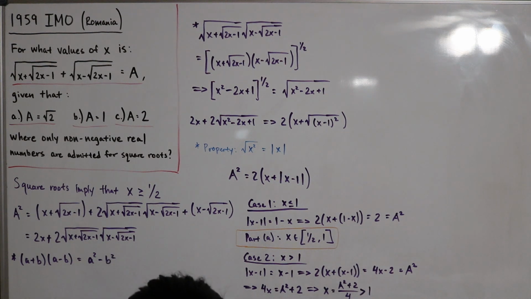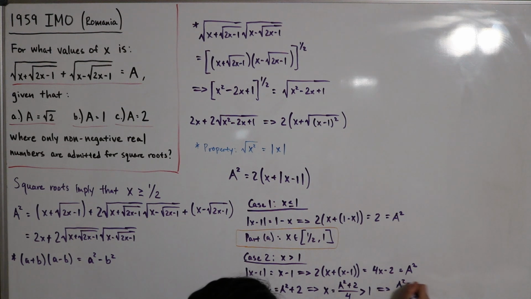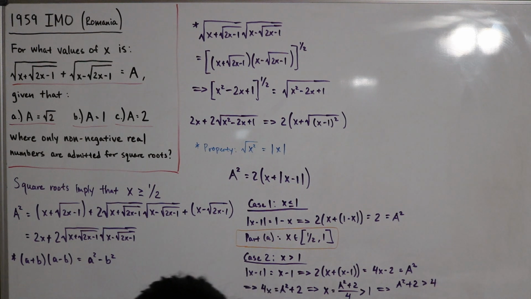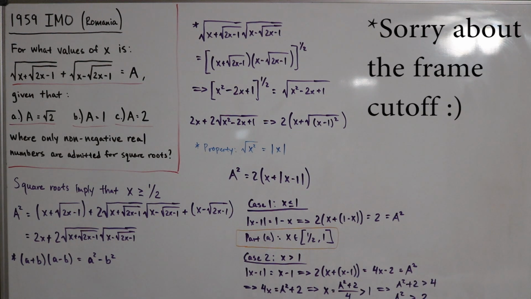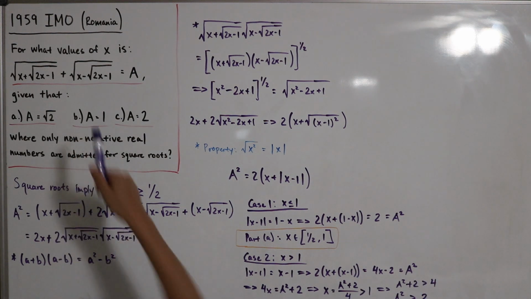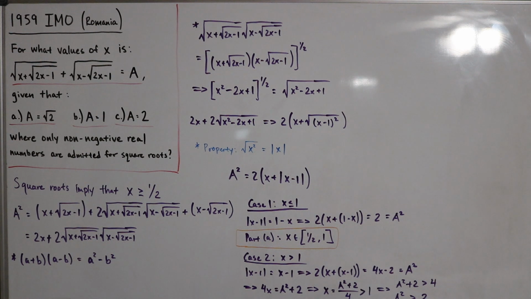If we continue solving forward for a, that would mean a squared plus 2 is strictly greater than 4, which implies that a squared is strictly greater than 2. So what does this imply? Because in part B, we have that a is equal to 1, but that's not possible. So this would mean that a squared has to be greater than 2.